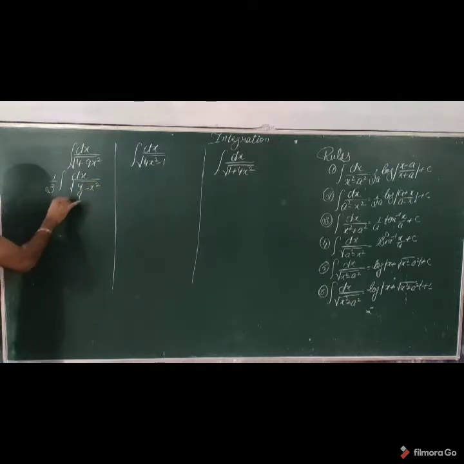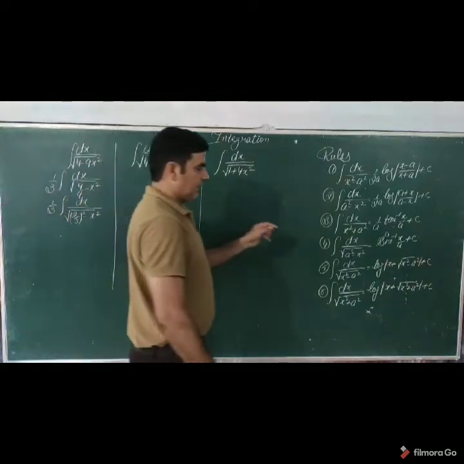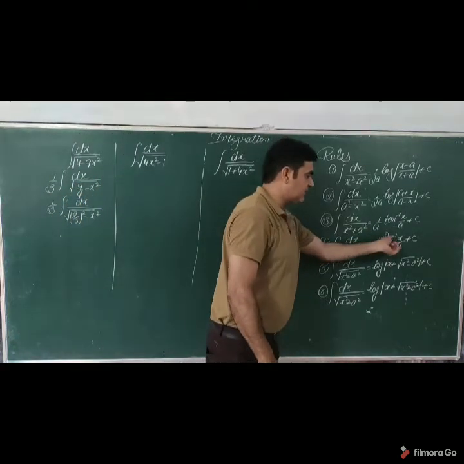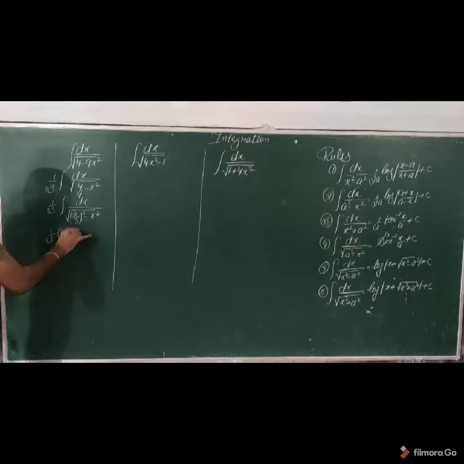It can be written as dx divided by the square root of the square of 2 by 3 minus the square of x. Now it becomes the square root of a square minus x square. It is given by sine inverse x by a plus c. So 1 by 3 sine inverse x by a plus c. If we simplify, our answer comes out as 1 by 3 sine inverse 3x by 2, plus c.